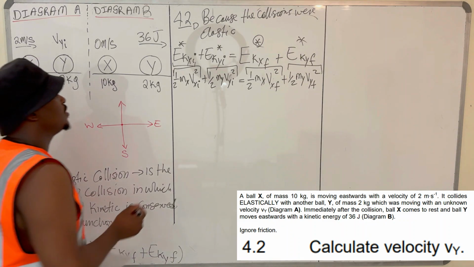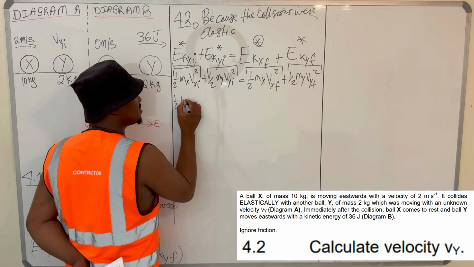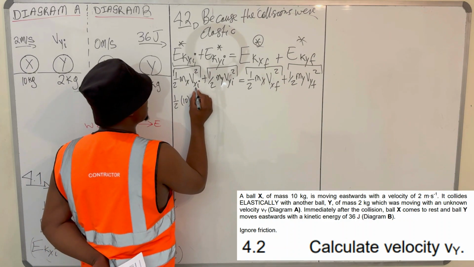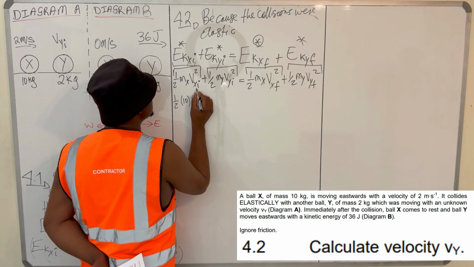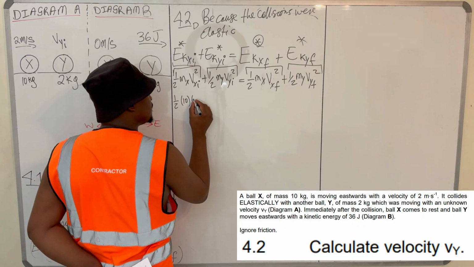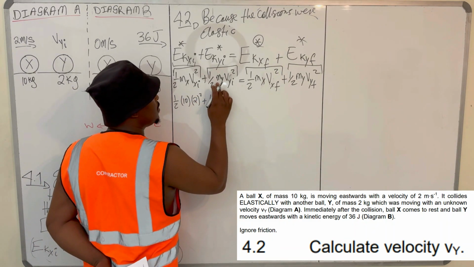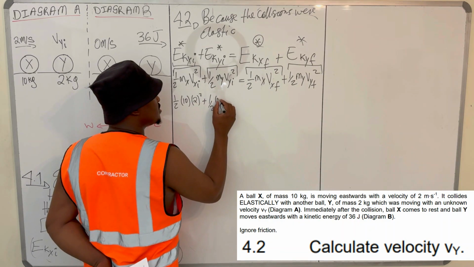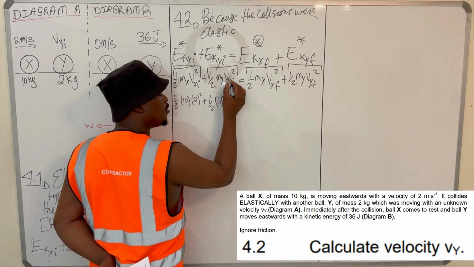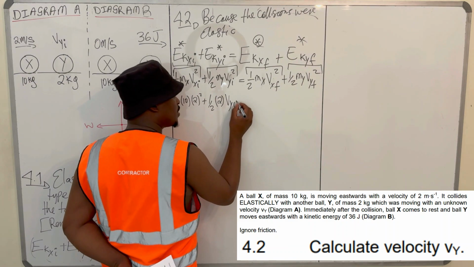So we say half the mass of X, which is 10, times the initial velocity of X, which is 2, all squared, plus half the mass of Y, which is 2, times the initial velocity of ball Y, which is what we're looking for.